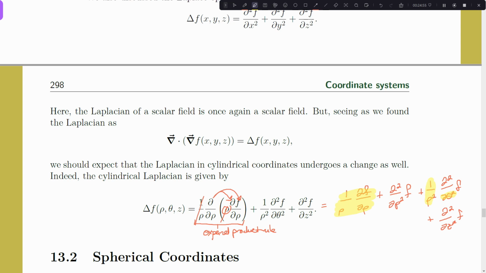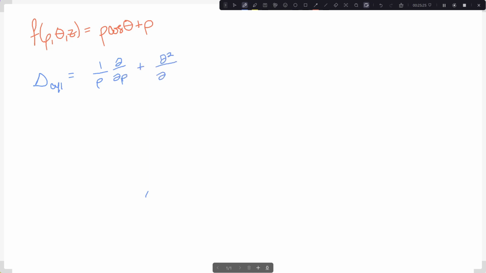So let's just go through that really quick, a nice example on the whiteboard. Let's go with the same scalar function, f of rho, theta, z. The scalar function was rho cosine theta plus rho, and if I'm calculating the Laplacian in cylindrical, recall that is 1 over rho partial rho plus partial squared partial rho squared plus 1 over rho squared partial theta squared plus partial squared partial z squared.